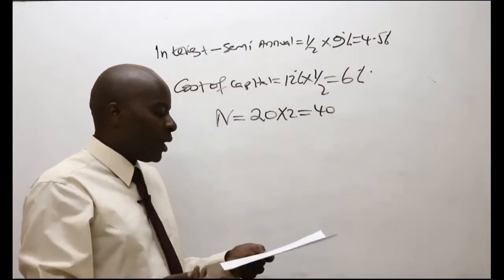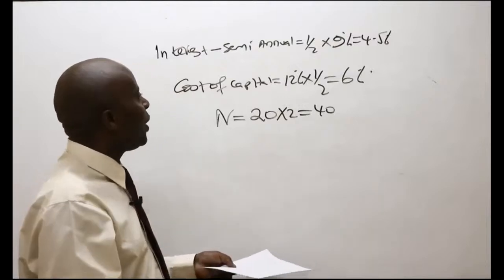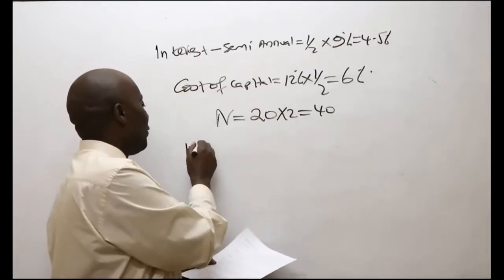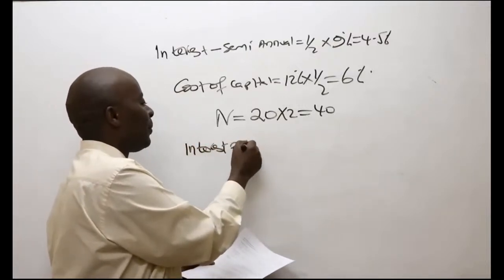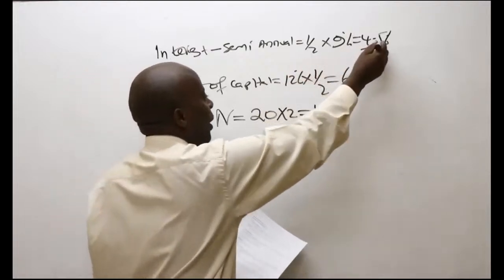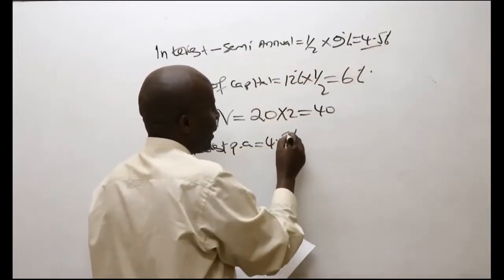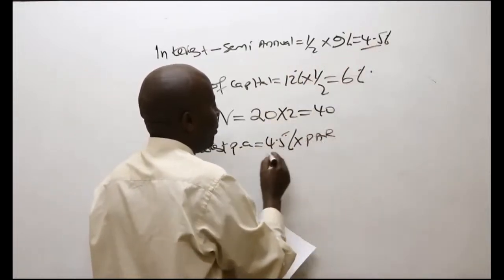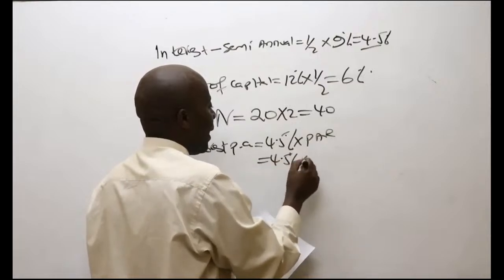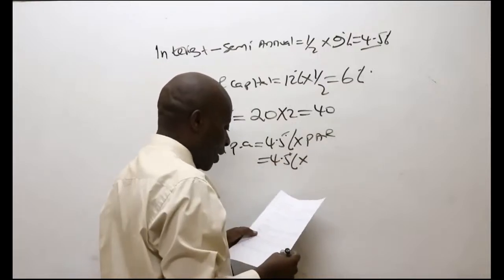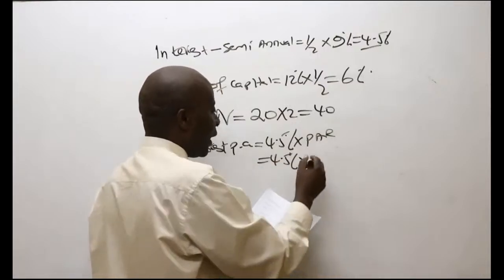So they want me to give them the value of the bond. It's very easy. What I need to do is to give them the interest per annum. The coupon rate is 4.5% of the par value. The par value is 1,000.